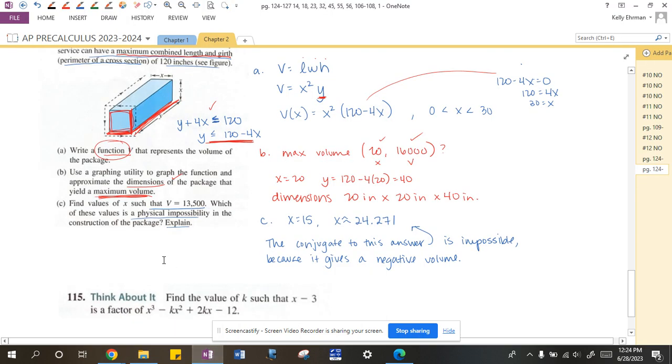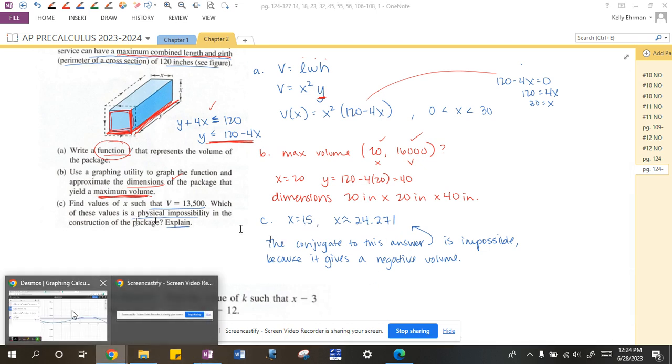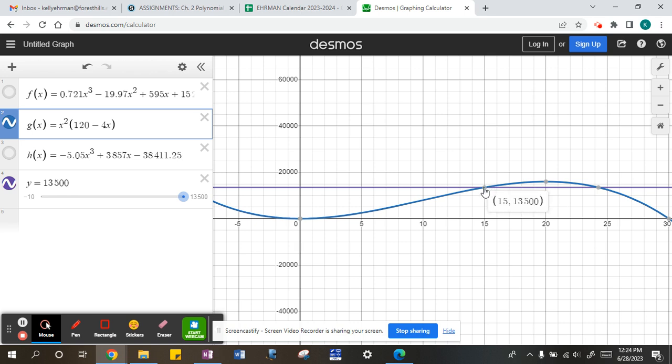It said, which of these values is a physical impossibility? So these two answers that I get from my graphing calculator or from Desmos, 15 and 24.27271, are both perfectly fine because they're within the domain.